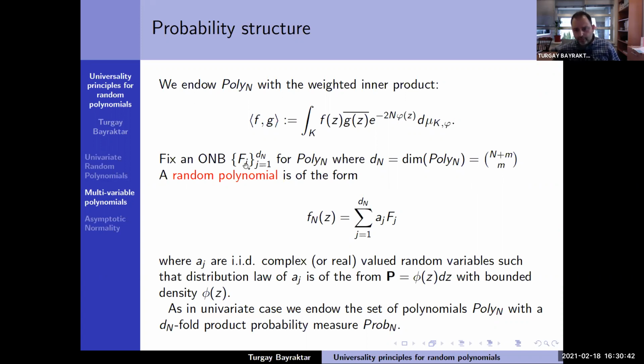So for certain ensembles, the choice of orthonormal basis affects the choice of the probability measure. But in higher dimensions, I'm assuming that my random variables have a probability distribution that is absolutely continuous. Why do I need this?